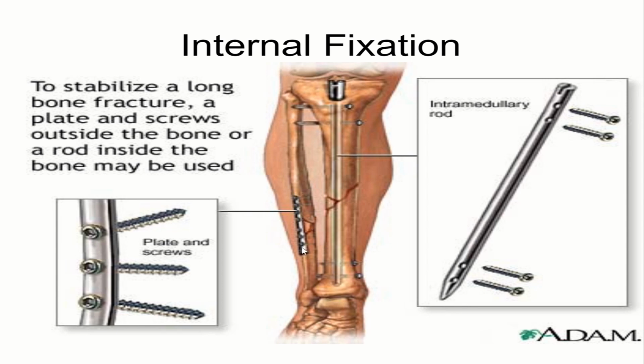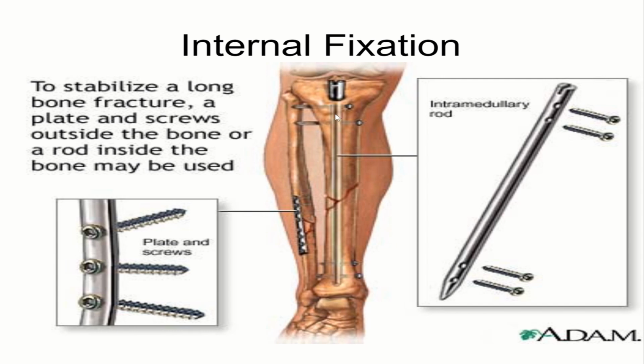A plate can be fixed to the bone, and then we can use screws to hold that in place and keep all of the pieces aligned. We can do the same thing with pins and rods. Pins and rods are basically the same thing. It's just a size difference.